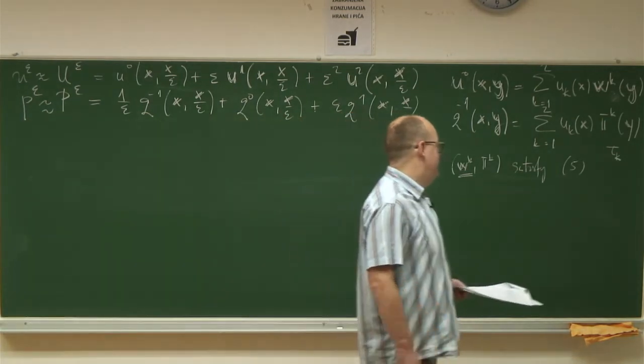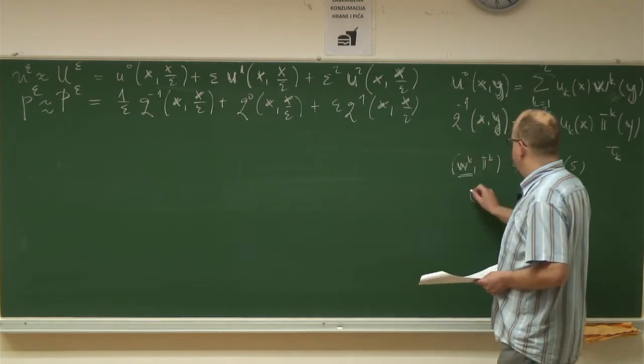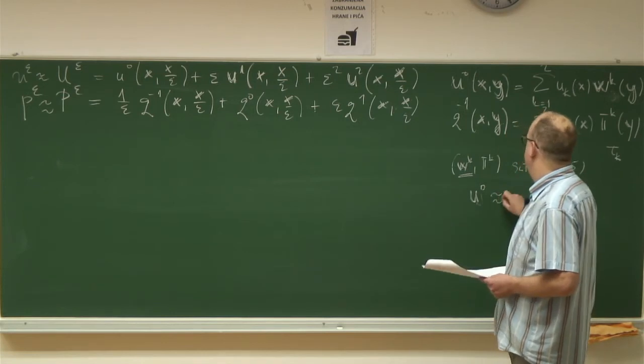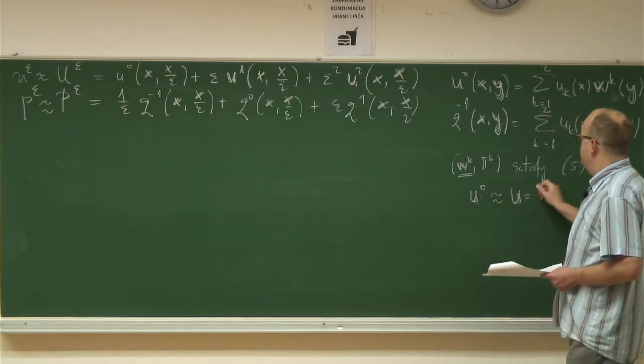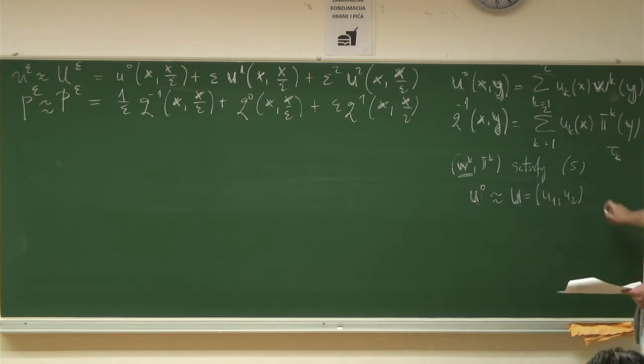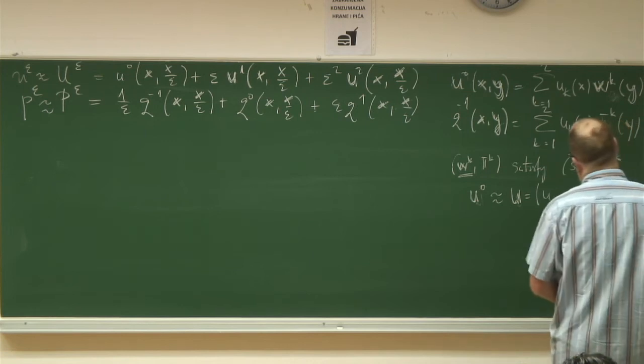And by doing that, we essentially achieve that our zero order approximation outside of the boundary layer equals this, while the zero order approximation for the pressure equals 0 outside of the boundary layer.